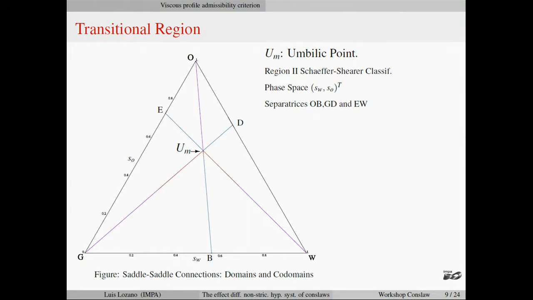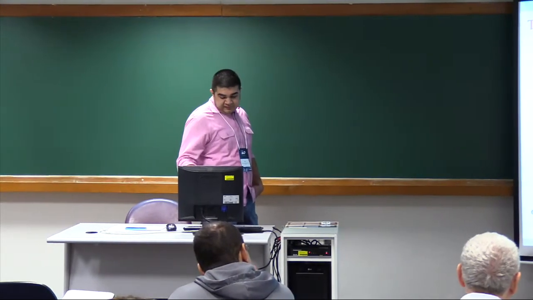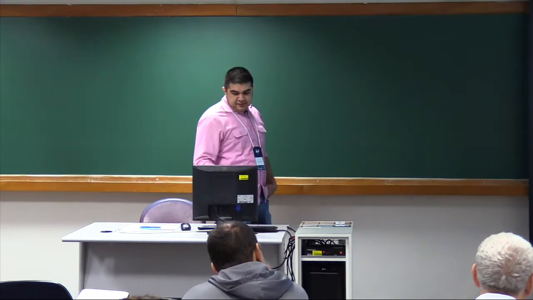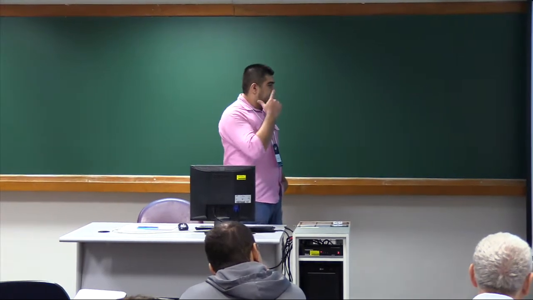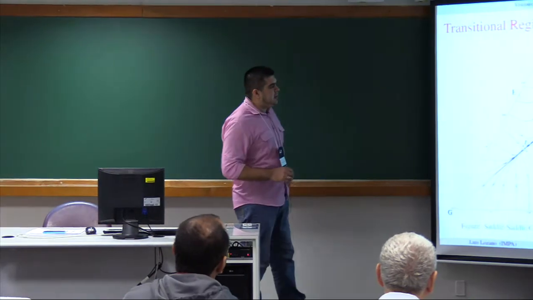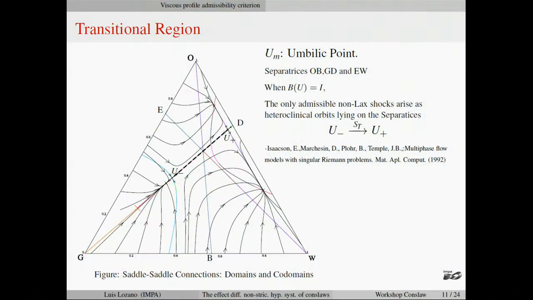This is the saturation triangle. The umbilic point is in region 2 of the Schaeffer-Shearer classification, and I draw the separatrices OV, GD, AW. If you consider the viscosity matrix equal to the identity, the only admissible non-Lax shocks arise as heteroclinic orbits lying on the separatrices.